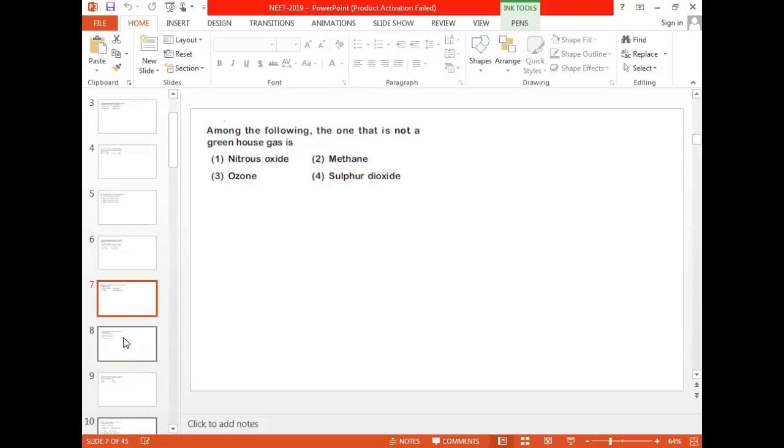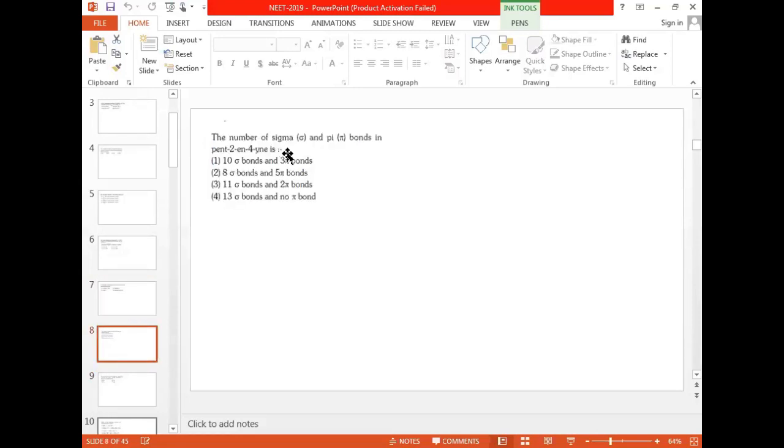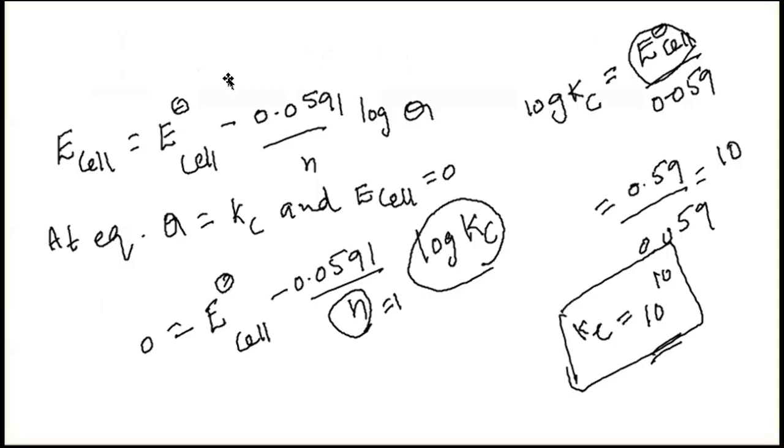Okay. Now look at this question number 8. The number of sigma bonds and pi bonds in pent-2-ene-4-yne. Right? Pent-2-ene, 4-yne we can take.